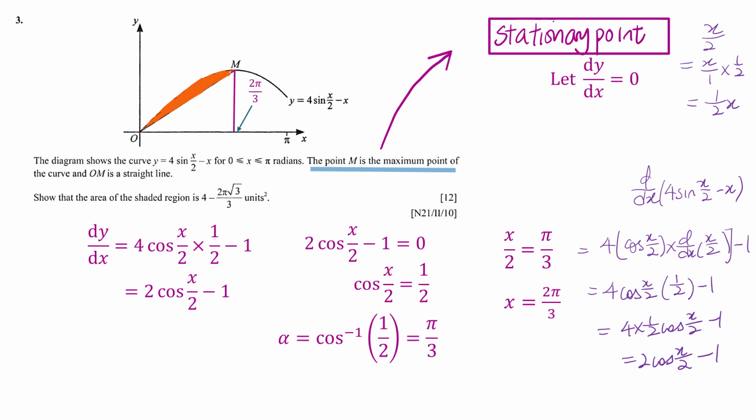Right, if you were to recall your ASTC, there are other quadrants for cosine to be positive, first and the fourth. But we don't have to worry about getting the angle from the fourth quadrant, because if you look at the diagram given, we just need the first value we get for x, which is 2 pi over 3.